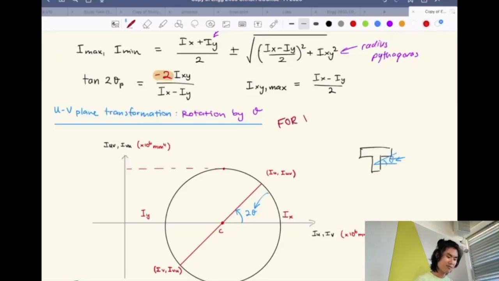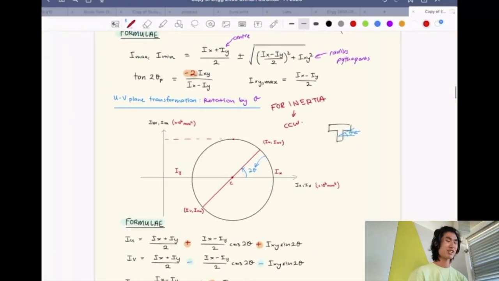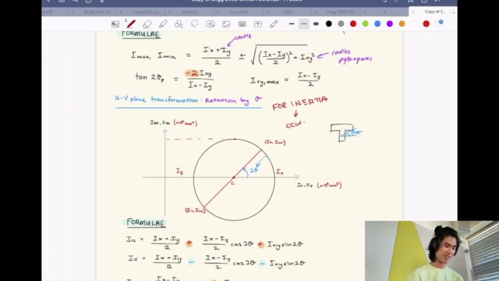For inertia, it will rotate counterclockwise. So you'll find later that on the shear and strain, it will rotate counterclockwise, which confused a lot of people when we were doing this course. So just make a note of that, and then you can go back to it and know what is right.